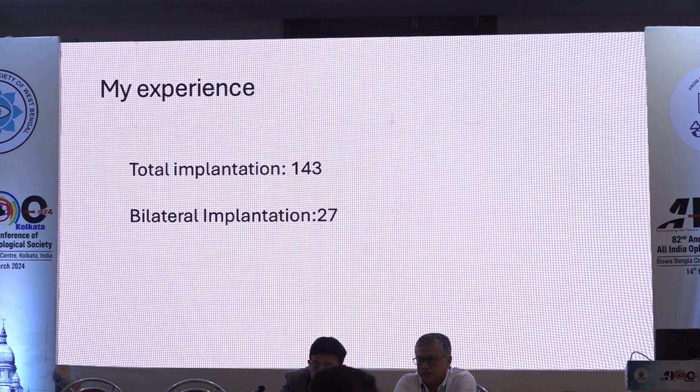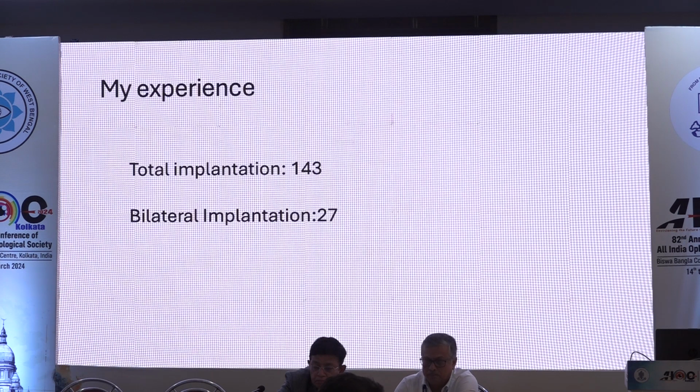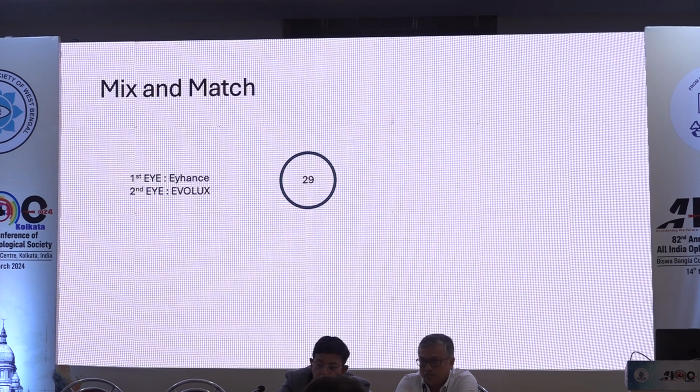So far I have implanted 143 lenses, with 27 bilateral implantations, and I am very happy. It gives a really good result at 60 centimeters, and it needs only 1.5 in most cases for near 30 centimeters. I also mixed and matched: in 29 cases I implanted the first eye with Eyhance and the second eye with Evolax, and there is a lot of difference for intermediate from Eyhance to Evolax.